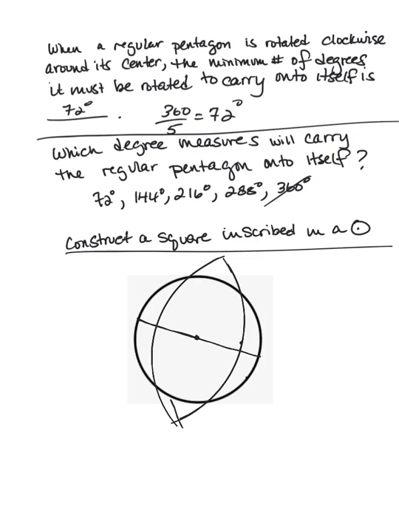Then you take the 2 points of intersection and you connect them up. That is making a perpendicular bisector. So the only thing I've actually done that involves the compass is making a perpendicular bisector. So for an inscribed square, you make the perpendicular bisector of any diameter.